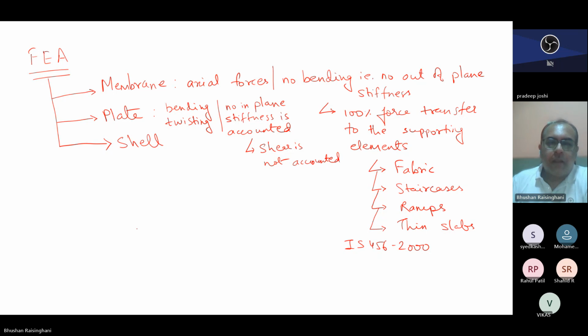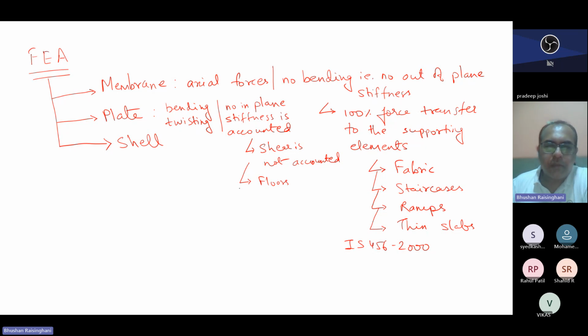Now, what type of elements can you model as a plate? One is the floor plates, those that have very little thickness as compared to their other sizes. Then you can model it as a plate element where there is no shear governing action, only bending is going to be there.